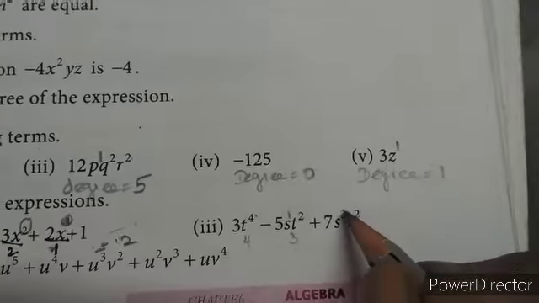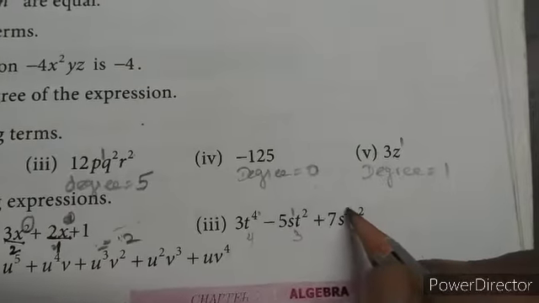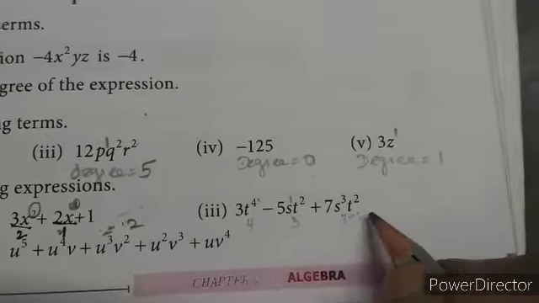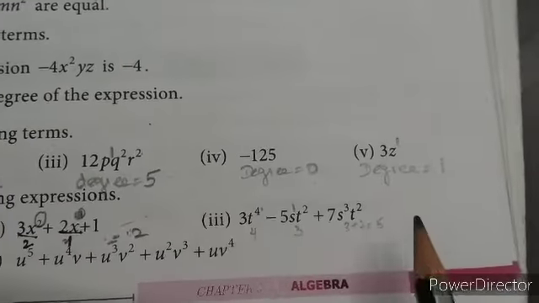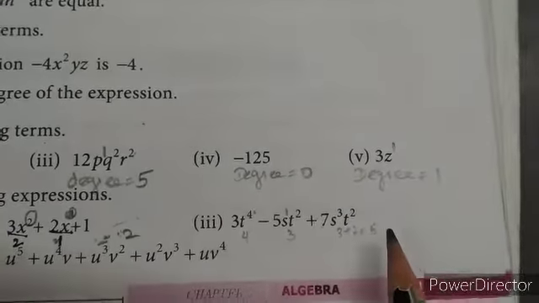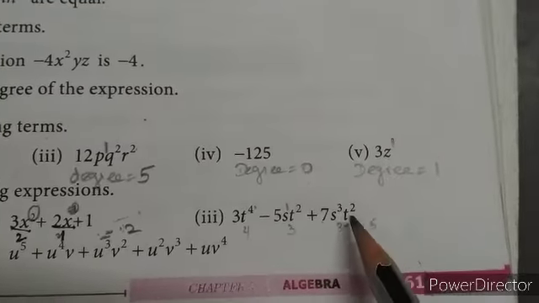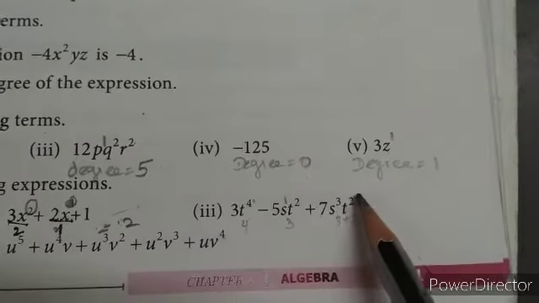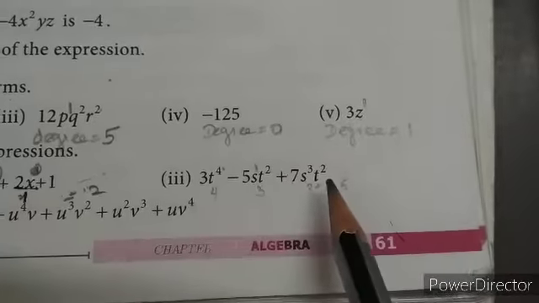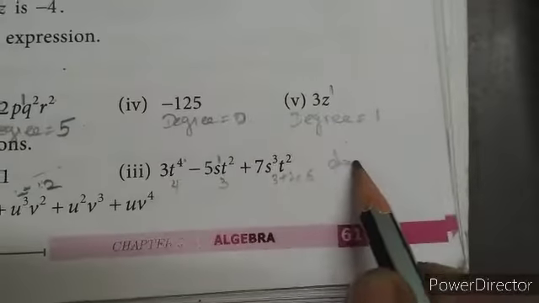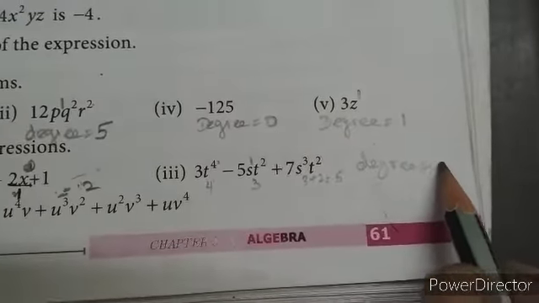And here it is 3 and here it is 2, 3 plus 2, it is 5. Now, which term has the highest power? 7 s power 3 and t power 2. So the answer for this expression, that is degree, is 5.